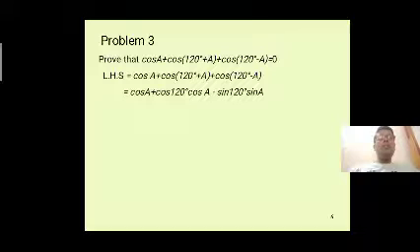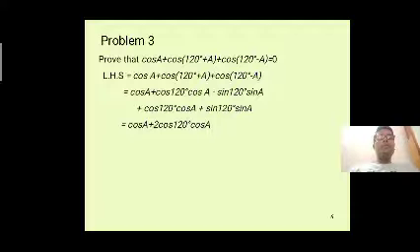Now we apply the cos (A plus B) formula for cos of (120 plus A) and the cos (A minus B) formula for cos of (120 minus A). Then we write cos A plus cos 120 degrees into cos A minus sin 120 degrees into sin A plus cos 120 degrees into cos A plus sin 120 degrees into sin A. That is equal to cos A plus 2 cos 120 cos A.